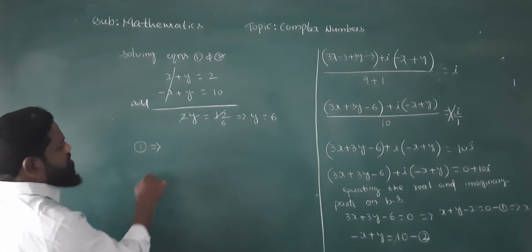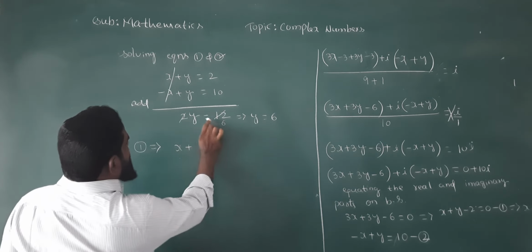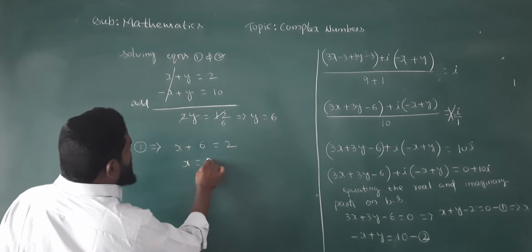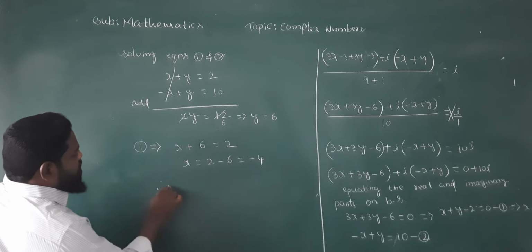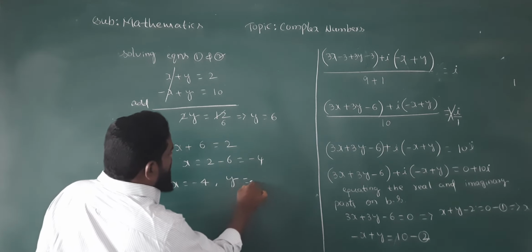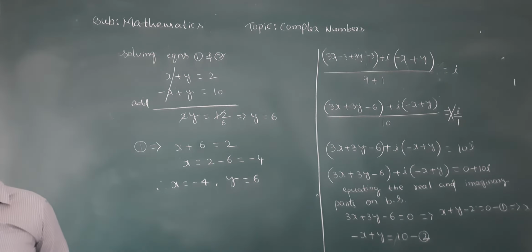From equation 1, x plus 6 equals 2, so x equals 2 minus 6, which is minus 4. Therefore x equals minus 4, y equals 6 are our required values.